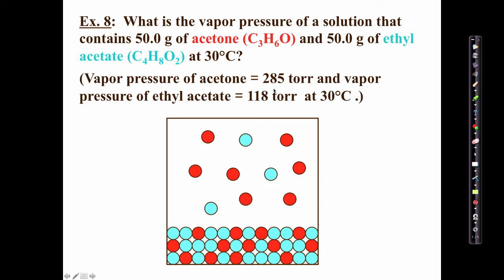And of course, both of these will depend upon the vapor pressure of the pure substance at that temperature. Acetone has a much higher vapor pressure than ethyl acetate at this temperature, so we'd expect it to contribute more on a proportional basis, especially since we're dealing with equal grams of each substance. We'll have to see what that is on the basis of moles.